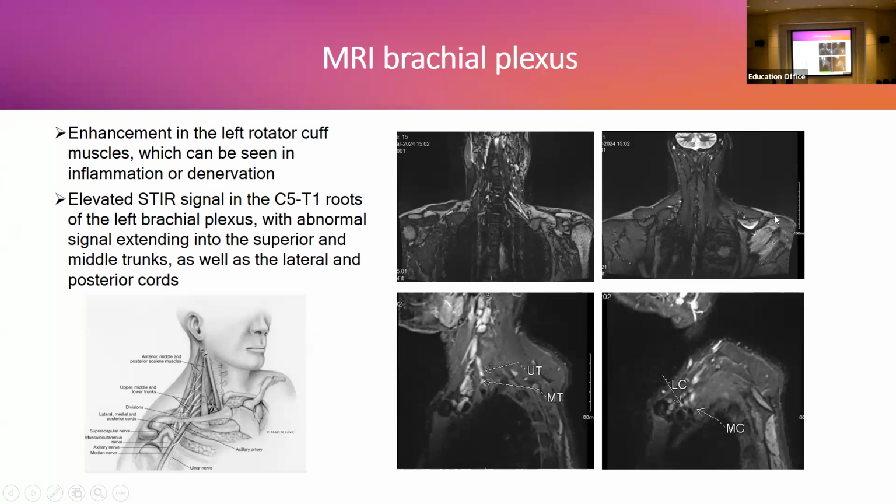And you also see the enhancement in the left shoulder rotator cuff muscle, which can be secondary to inflammation or denervation. If you look at the sagittal view, you also see this increased STIR signal in the upper and medial trunk, as well as the lateral and posterior cord in this patient.